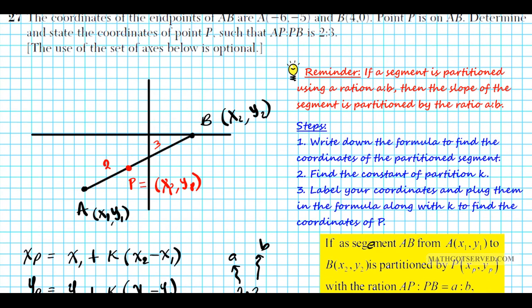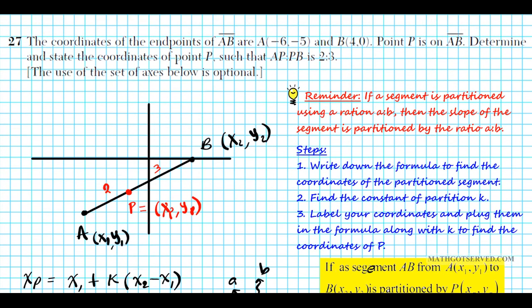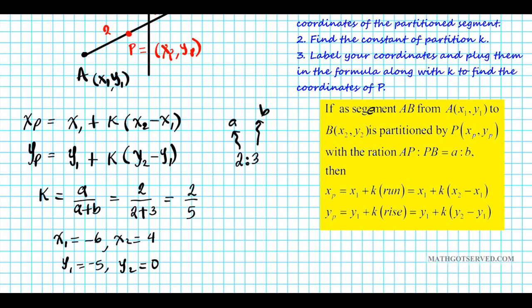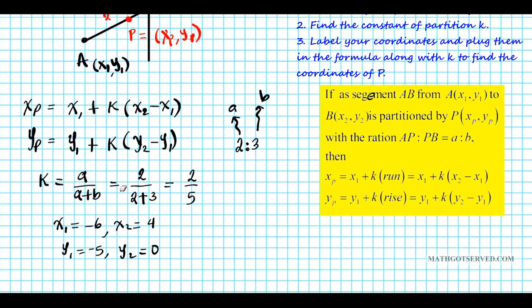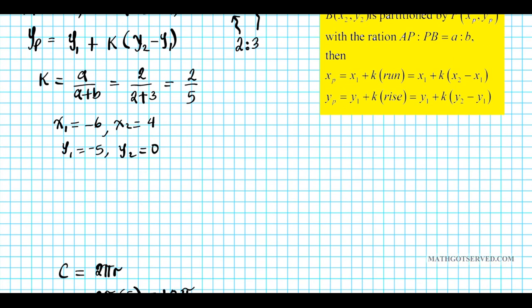Don't forget, your first point is (x1, y1), your second point is (x2, y2). It's always good to label your points so you don't make any mistakes when you're substituting them into the formula. So hopefully I didn't mess anything up here. Let's go ahead and plug them into the formula.